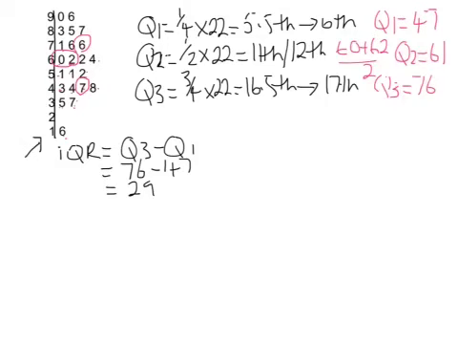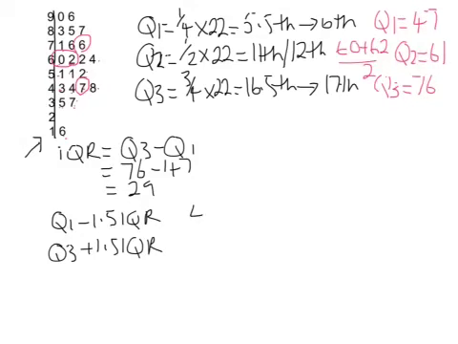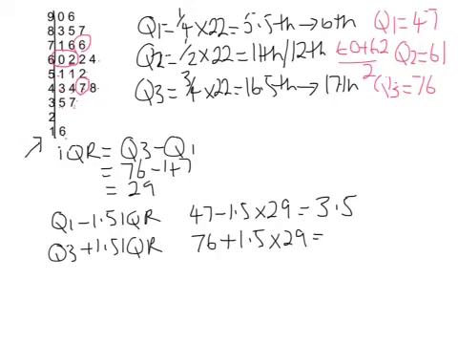All right, are there any outliers? So the outliers are found by Q1 minus 1.5 lots of the interquartile range and Q3 plus 1.5 lots of the interquartile range. So Q1 is 47 minus 1.5 lots of 29, and that is coming out as 3.5. And Q3 is 76 plus 1.5 lots of 29, and I think that's coming out as 119.5.